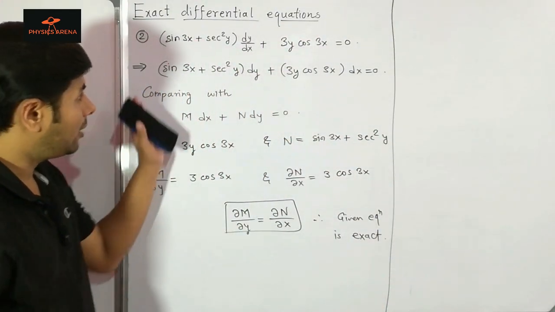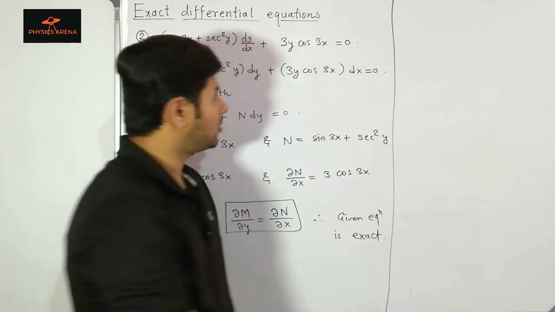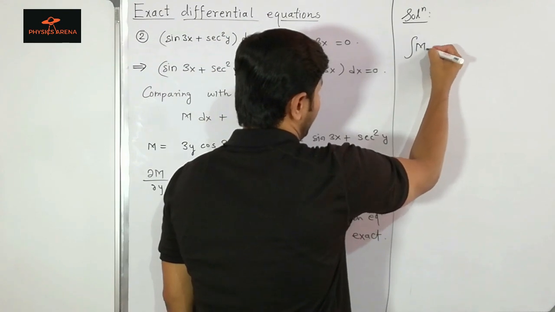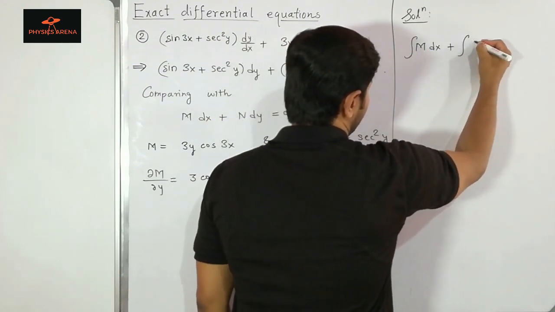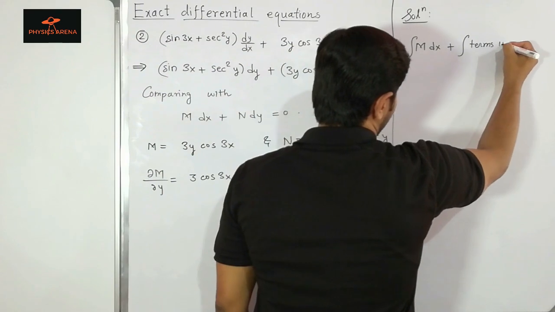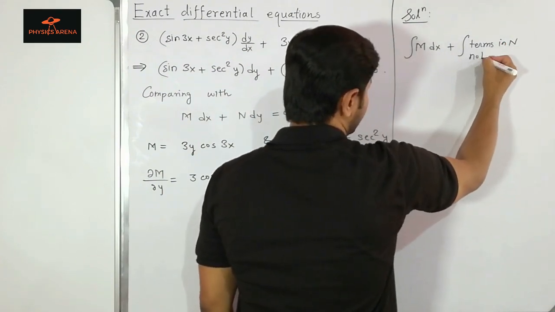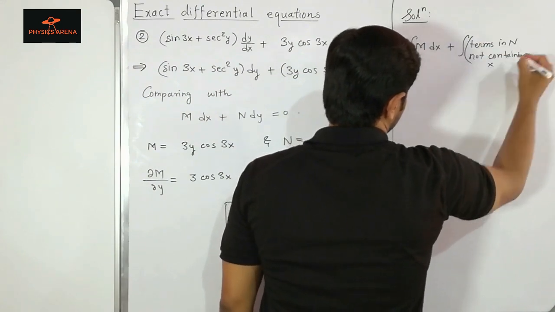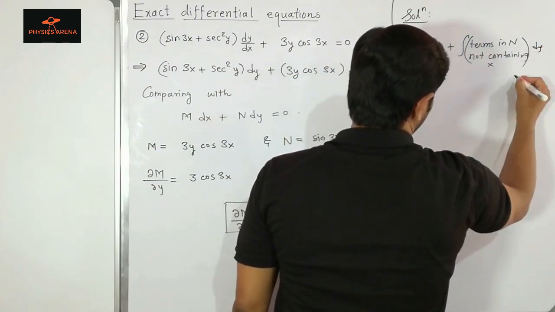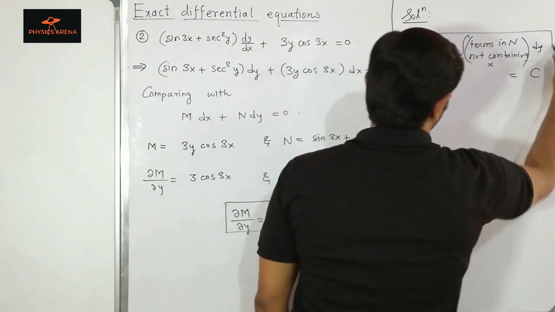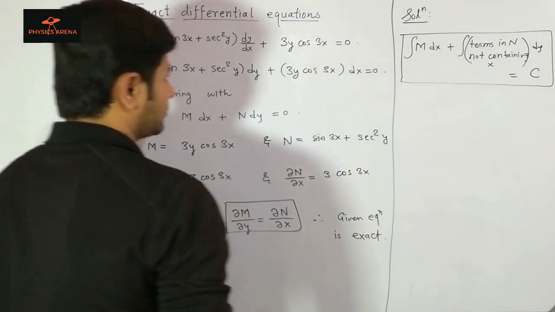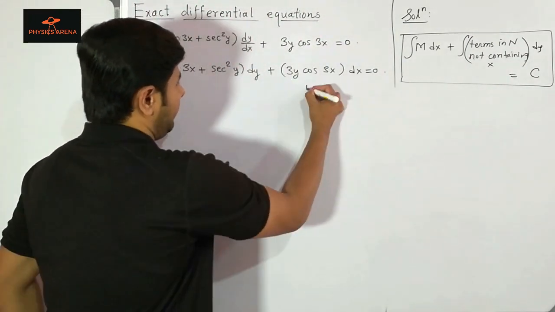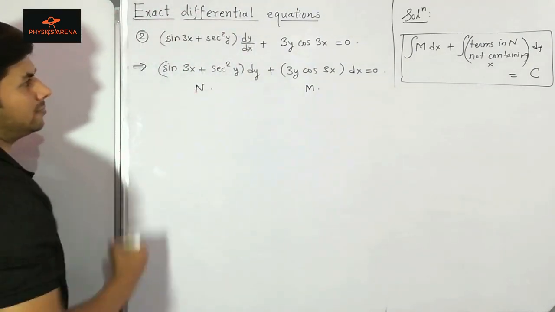Now we know how to solve this. So the solution is integral of m dx plus integral of terms in n not containing x dy, and that is equal to constant. Okay, then this is m and this is n.